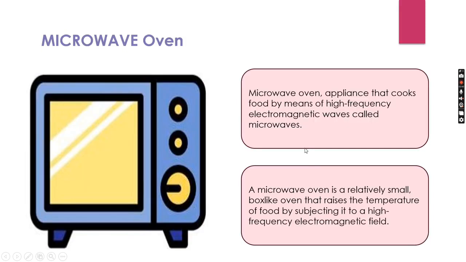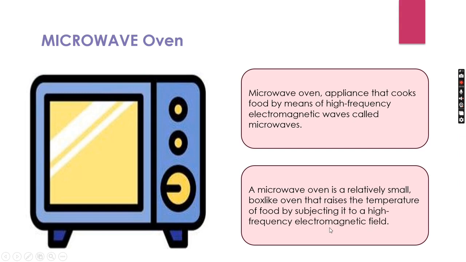So this is the introduction of a microwave oven. What is a microwave oven? A microwave oven is an appliance that cooks food by means of high frequency electromagnetic waves called microwaves. A microwave oven is a relatively small box-like oven that raises the temperature of food by subjecting it to a high frequency electromagnetic field.